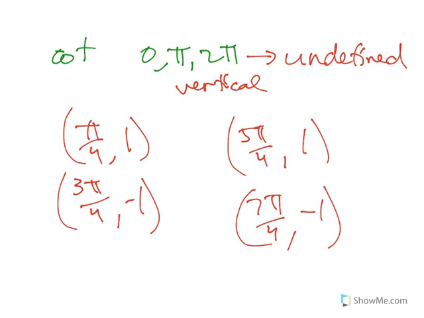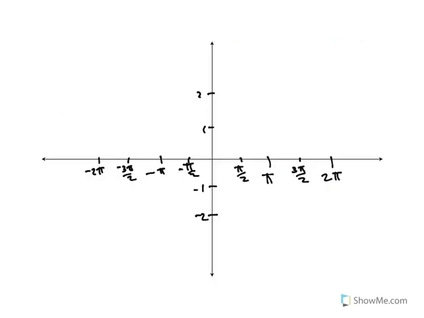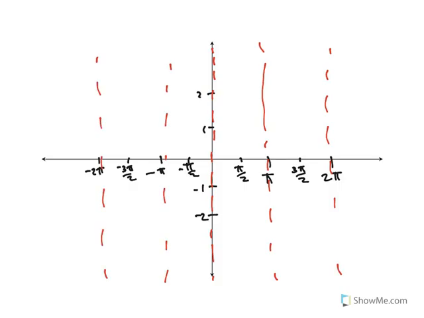So what does that look like when we graph? Well, now our asymptotes are at 0, pi, 2 pi. So our asymptotes shift. So now if I say, okay, at pi over 4, we have pi over 4, 1.